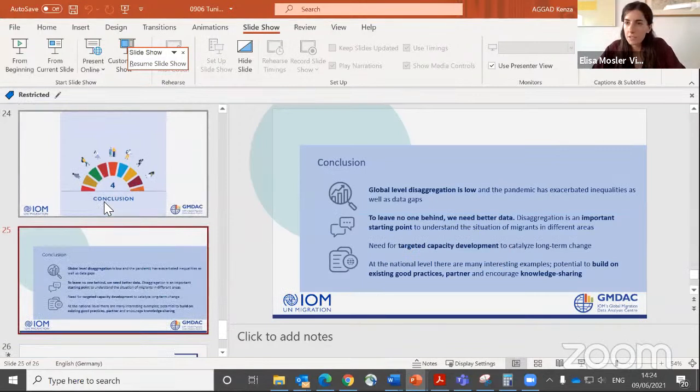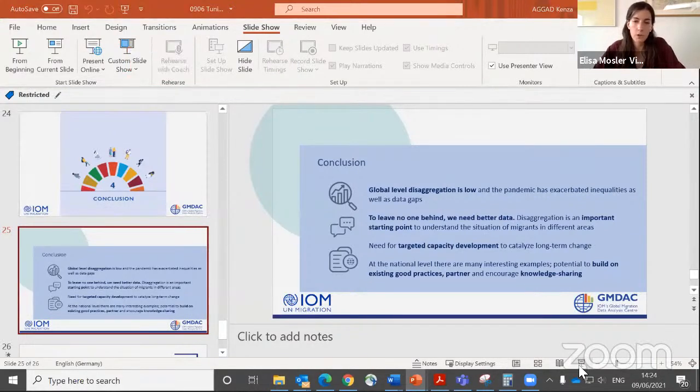So just very briefly to wrap up, we saw at the beginning how at the global level, the official data relating to the Sustainable Development Goals is not disaggregated by migratory status, meaning that we don't know whether migrants are being left behind, we don't know how far they are being left behind, or perhaps whether they're not being left behind at all.